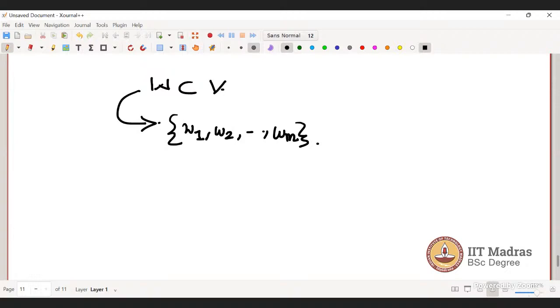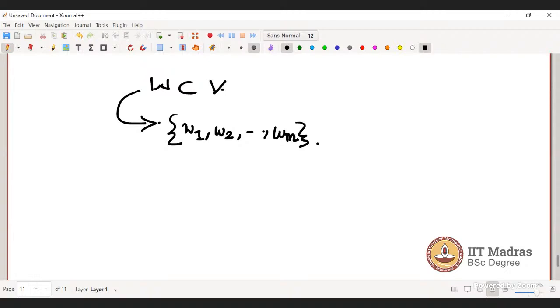One thing I can tell: in the lectures you have said that any set of vectors can be extended to a basis for V. Yes, that is true.